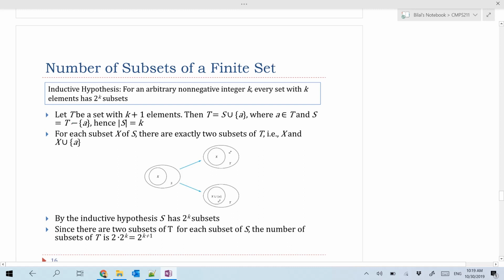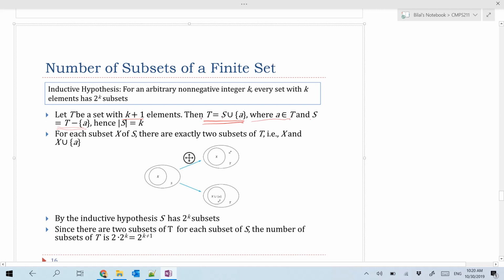Let T be the set with k plus 1 elements. So it means that T is equal to the set S of size k union one additional element A, where A belongs to T and S is equal to T minus A. Okay, so the size of S is equal to k, and the size of T is equal to k plus 1.